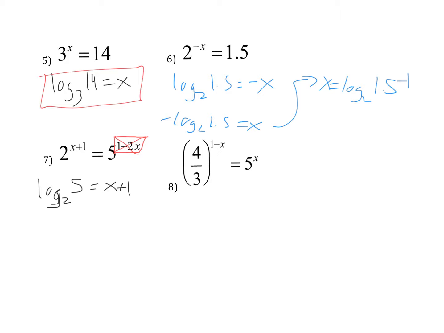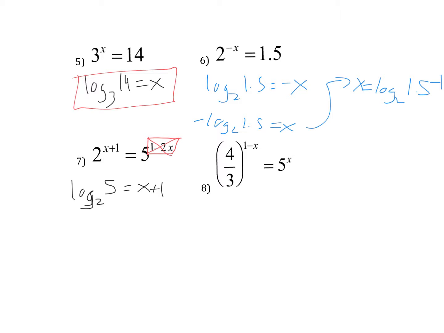And then I would just subtract the 1 and it's all good. But unfortunately, this is here. So when I rewrite this, I need the 1 minus 2x to be here. And that's okay. I can still rewrite it even though that's there.